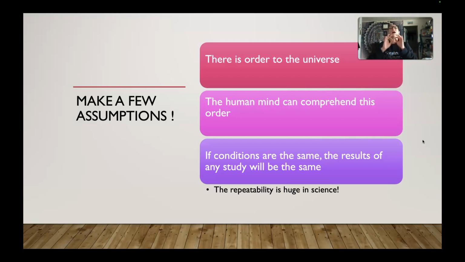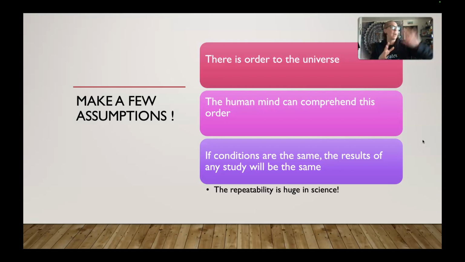Repeatability is gigantic in science. It is one of the number one things that we need to consider as scientists. And when we go through the peer review process, when we go to conferences and try to defend our studies, we have to make sure things are repeatable.